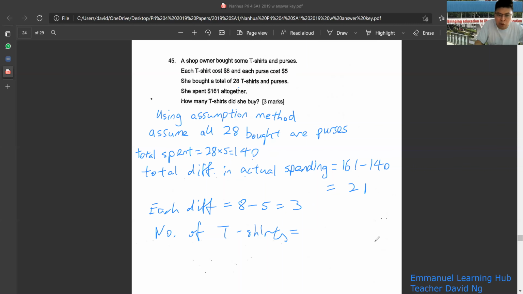Can you tell me how to find number of t-shirts? Three times. Don't guess. I want you to use common sense, logic, thinking, and think through what you're doing. Try not to guess. I want you to understand.